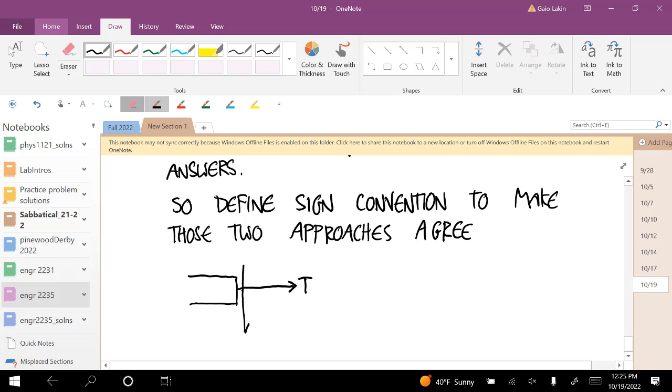Okay, now here's where it gets a little weird. We're going to call this capital V the shear force, and a positive value of V is a downward force. I don't know why, but that's how it is.